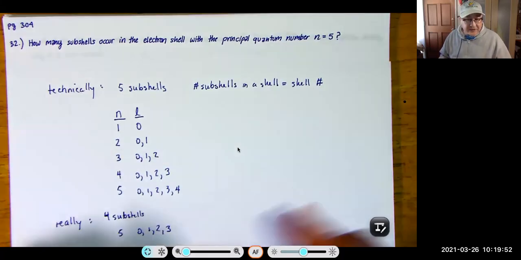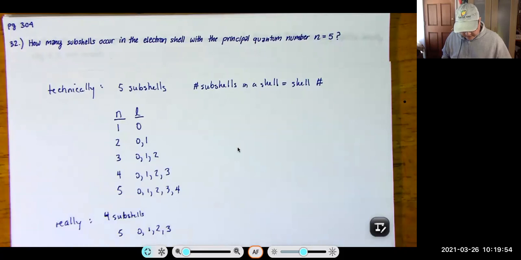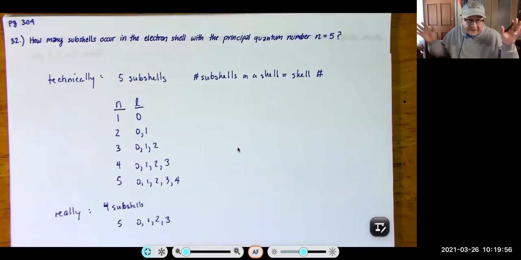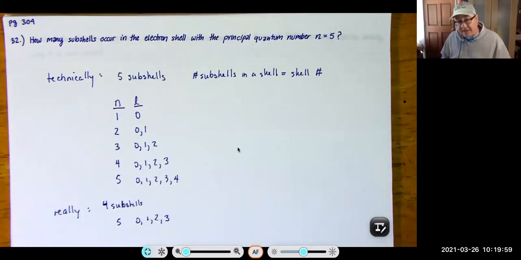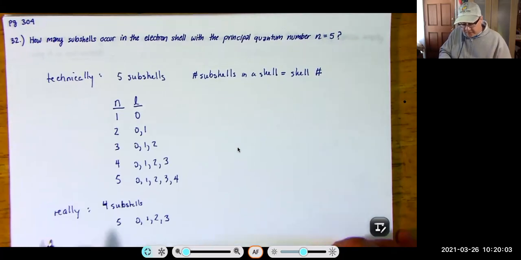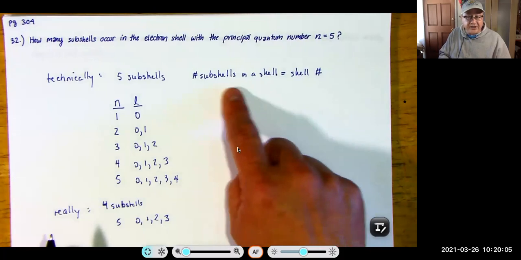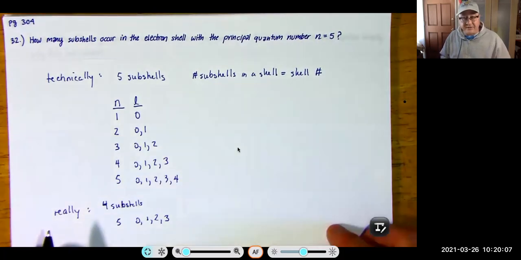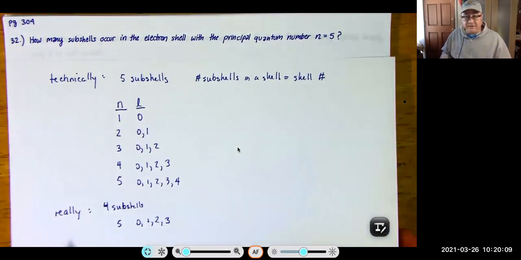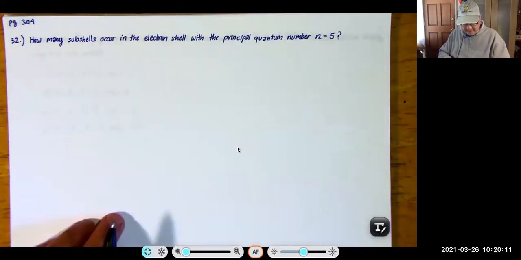I would not really expect you to be able to answer this from the really point of view, but definitely from the technical. So from the technical point of view, the number of subshells is the shell number. Any questions there? Nope. Okay.